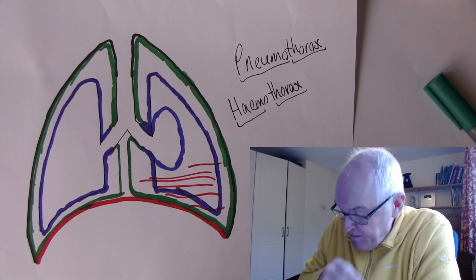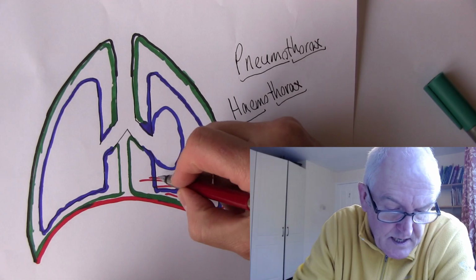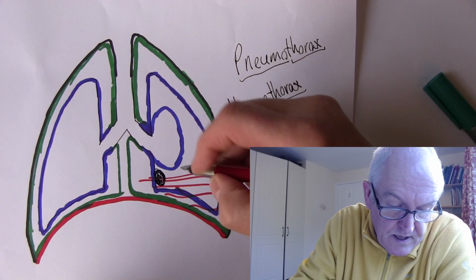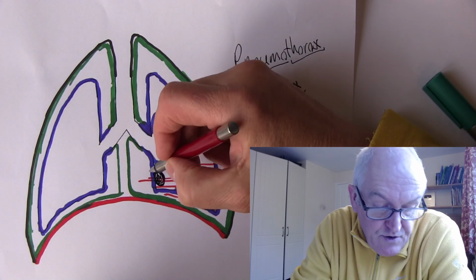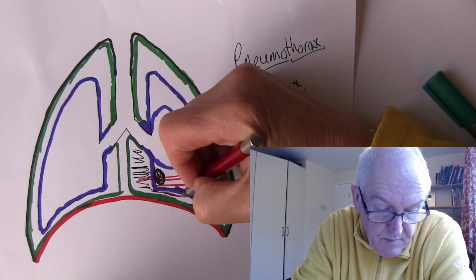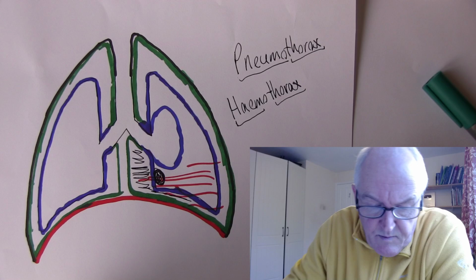Or if there's a malignant tumour in a lung, for example, then that can cause the formation of inflammatory exudate, which can fill up the pleural space, converting the potential pleural space into an actual pleural space.